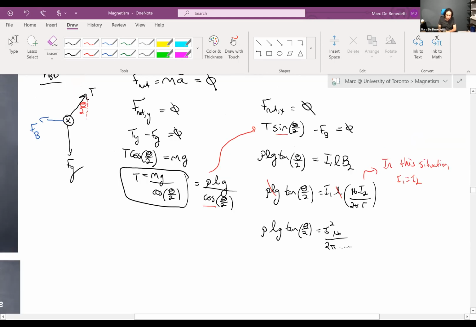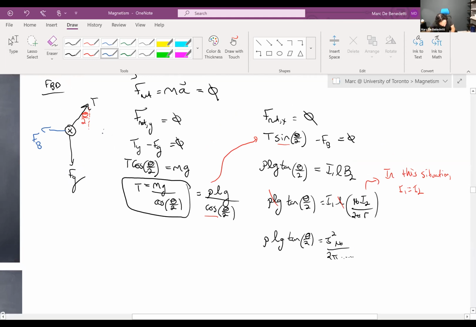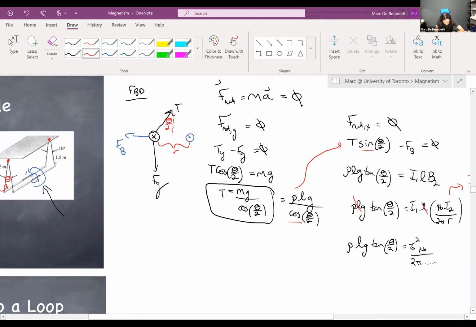R is the distance between wire 2 and wire 1. Now, we do know in the question that this wire is 1.2 meters in length. So, using the hypotenuse, we can actually calculate this distance.